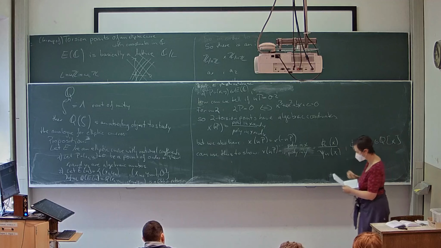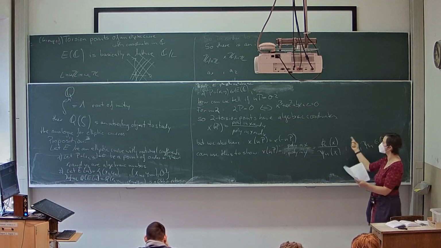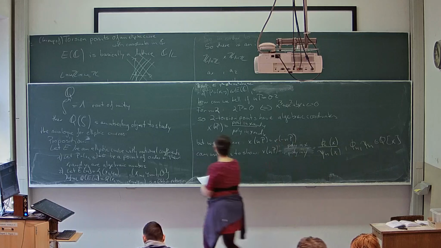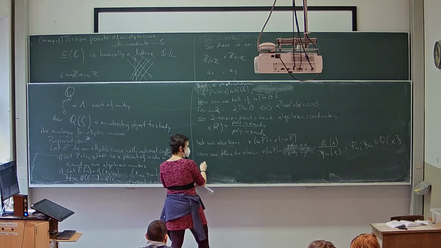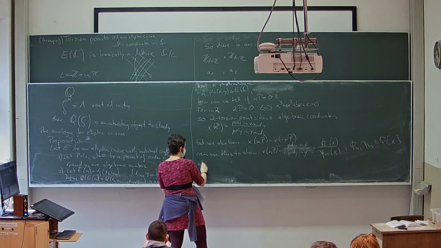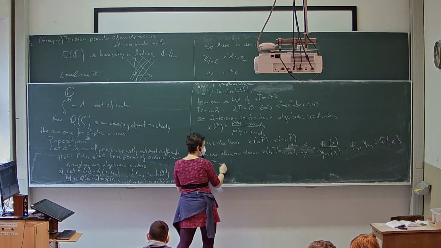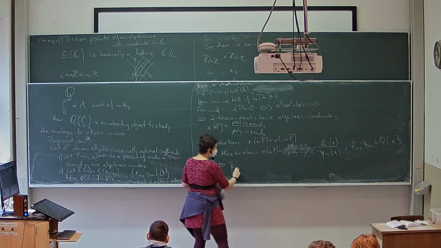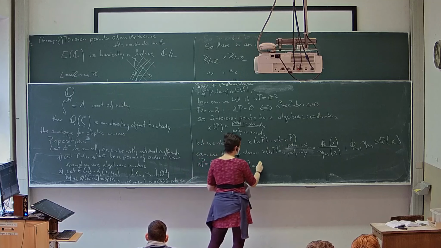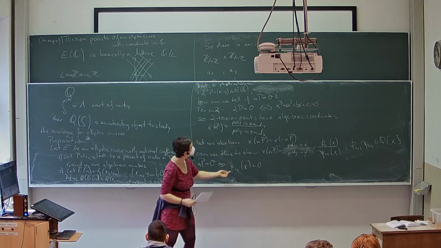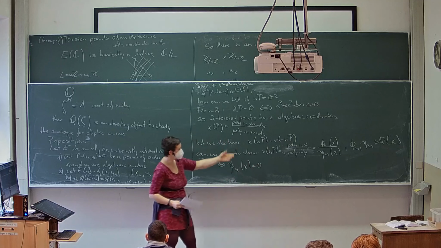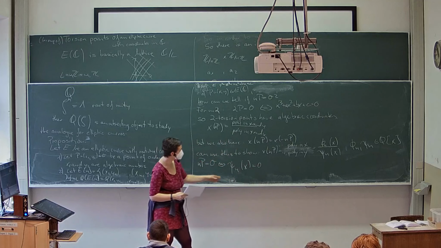Okay, and now this basically finishes the proof, because this is an n-torsion point if psi is 0. And those psi n are polynomials with integral coefficients.